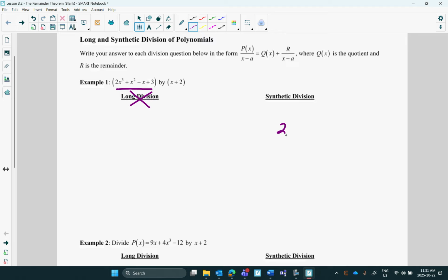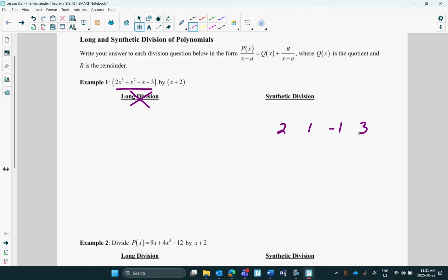What's the next one? 1. And the next one? Careful. -1. And the last one? 3. I'm not going to use the x squareds and x cubes and x's as part of it. I'm just going to focus on the numbers. So it's these I'm going to actually divide.